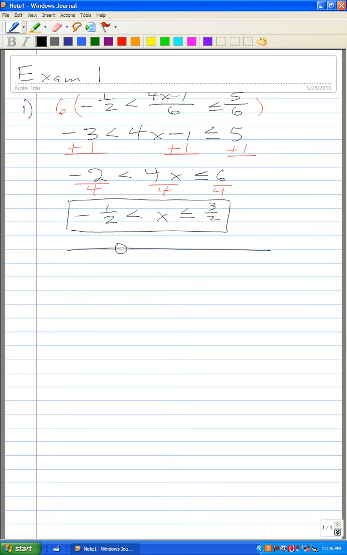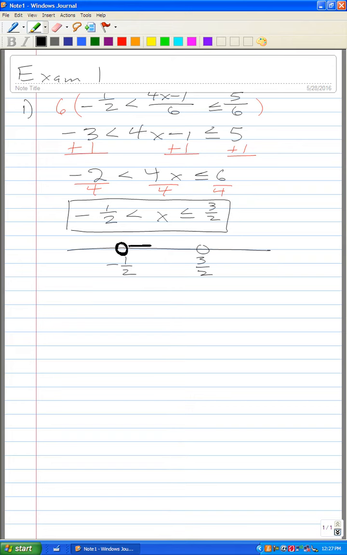And so I have here negative 1/2, 3/2. So I do not include negative 1/2.